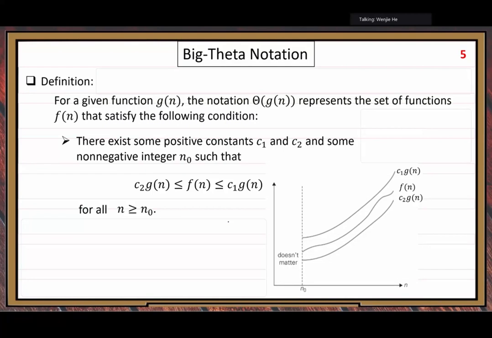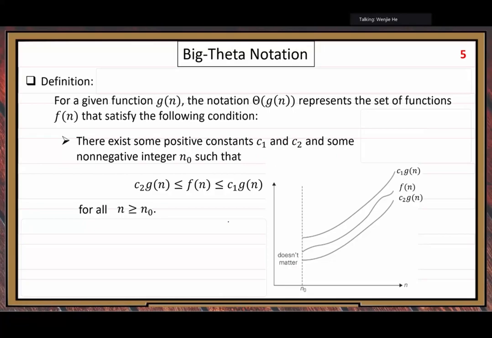Before this line, the shape of the curve is not important. Which one is higher, which one is lower, not important. But after this dashed line, it's important. The upper bound part is higher than the curve of f function, and the other one is lower. In this way, we say f function belongs to big theta of g function, and they have the same order of growth.